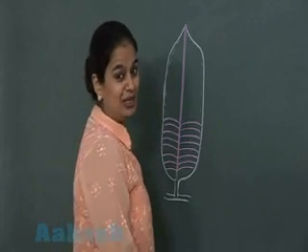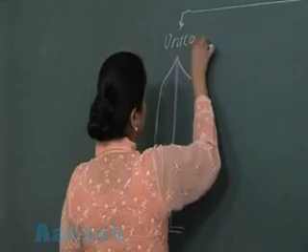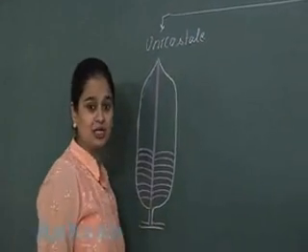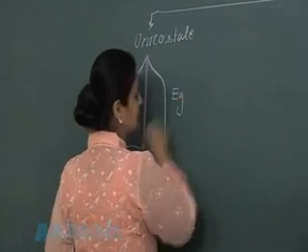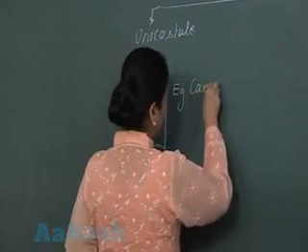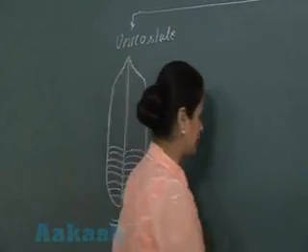Only one main vein is present, so this type of condition is known as unicostate type. Yes, unicostate venation. Now example for the unicostate venation is banana, and another example is canna. Now second category.